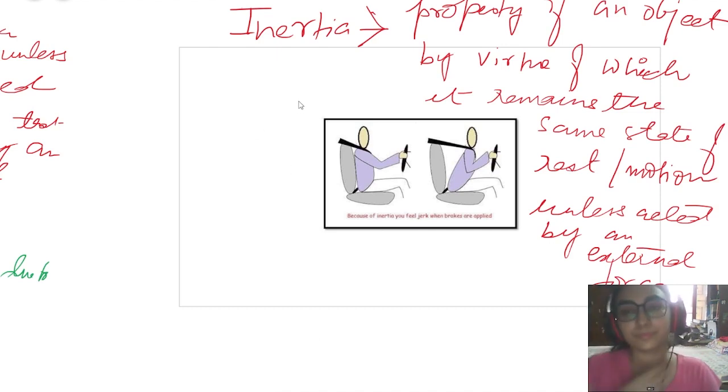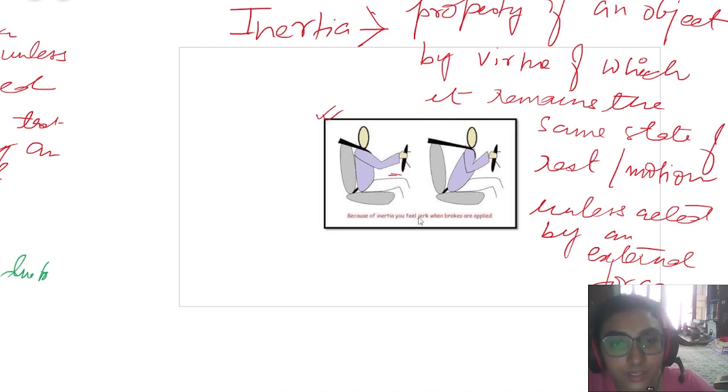So, let's take up this example. It's a very simple example. You've observed it thousands of times whenever you've ridden a bus, a train, a car, anything. So what is it showing? For example, you're driving a car, your seatbelt is on and you're driving it.